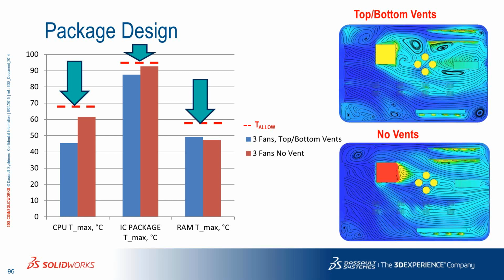Both designs satisfy the threshold requirements, both are okay. But when it comes to the actual temperatures on the key critical parts, with the vents the temperature is a lot higher compared to the design without the vents.